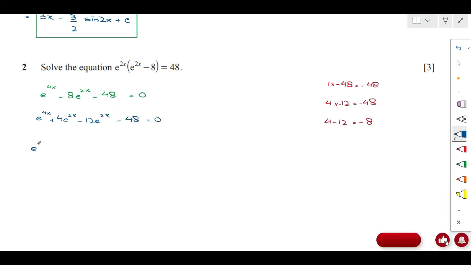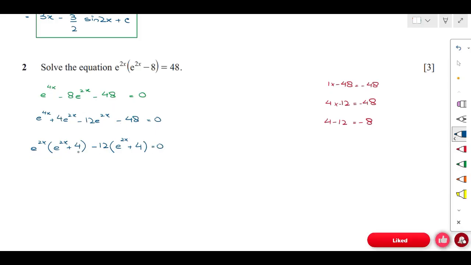So let me take e to the power 2x common. Here we have e to the power 2x left and plus 4 left from the first two terms. From the second two terms we can take negative 12 common, and here we have e to the power 2x, and minus 12 times 4 is minus 48, so we have plus 4, and the minus sign is already common.